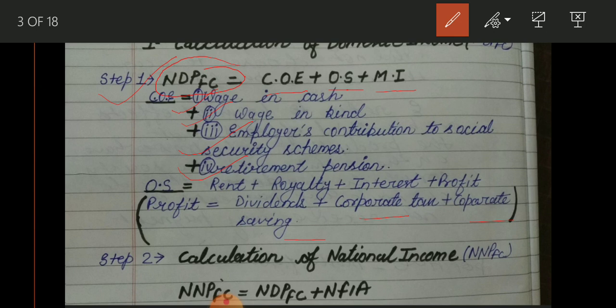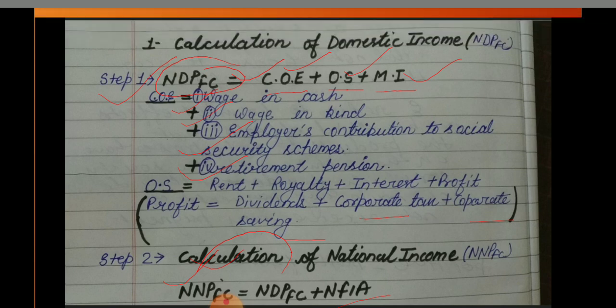So remember this point. Now when we add COE, OS and MI, we get NDPFC. Now for calculating NNPFC we add NFIA. Why? Because we are moving from the domestic concept to the national concept.